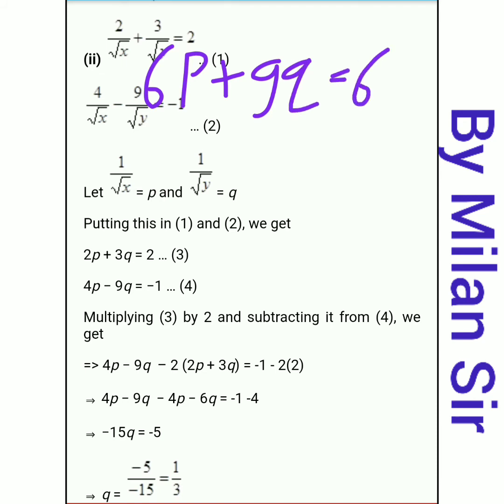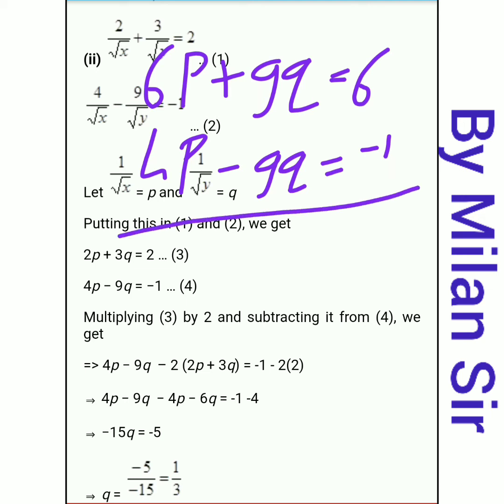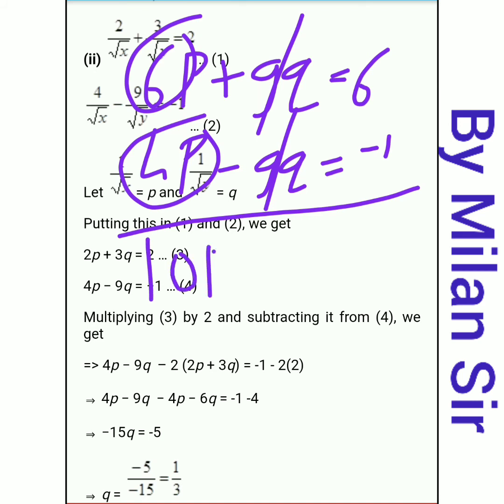Now second equation as it is, 4p minus 9q is equals to minus 1. And right now we are using addition process, so we do not need to change the sign. Plus 9q minus 9q cancel. Here 6p plus 4p. 6 plus 4, 10p. Here 6 minus 1. 6 minus 1, it is 5.